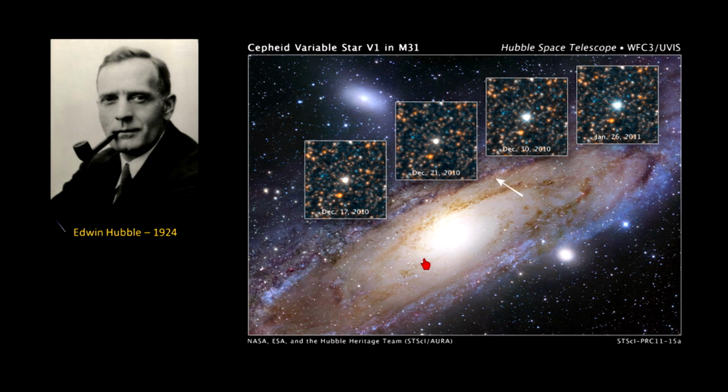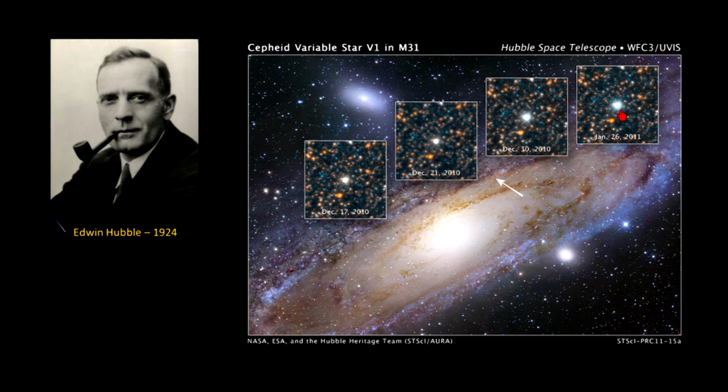answer. And sure enough, in 1924, Edwin Hubble, of course very famous today because of a telescope named in his honor, used the biggest telescope in the world in its day, and was actually able to discover Cepheid variables in the so-called spiral nebula called Andromeda.